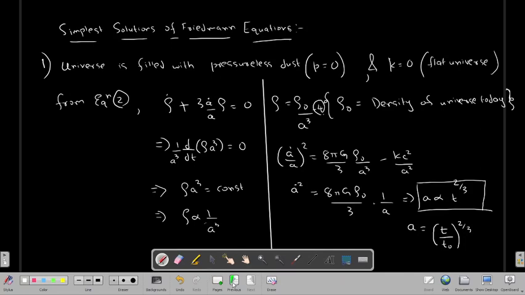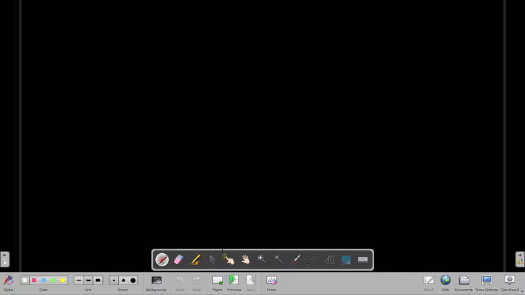And in terms of density, now you know that a basically changes with time. So I will write a as a function of time.